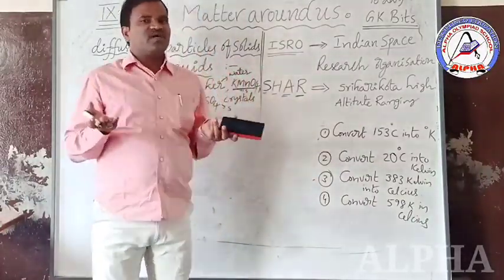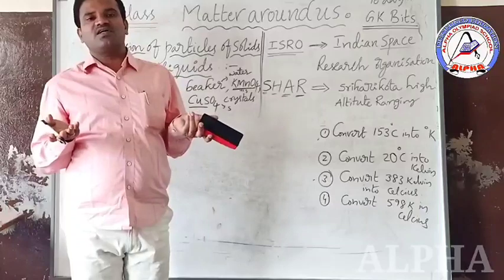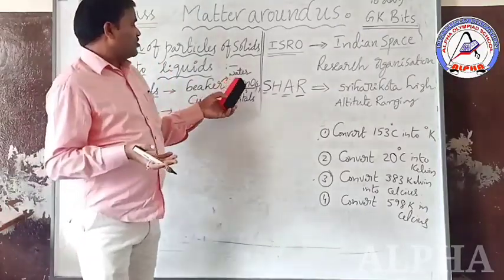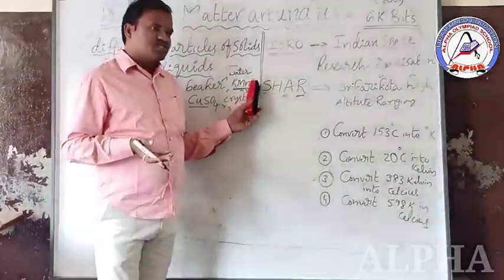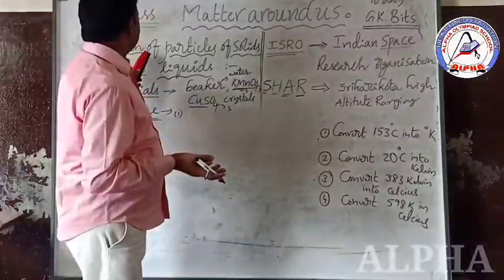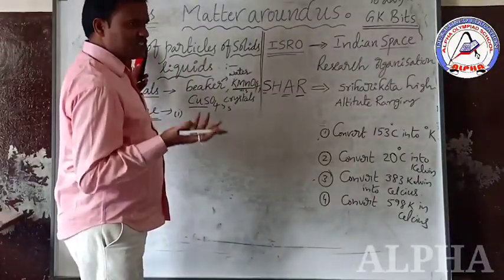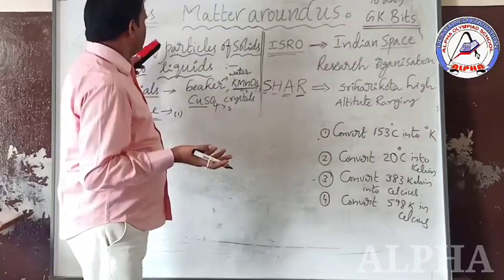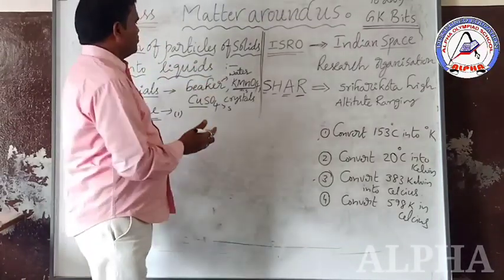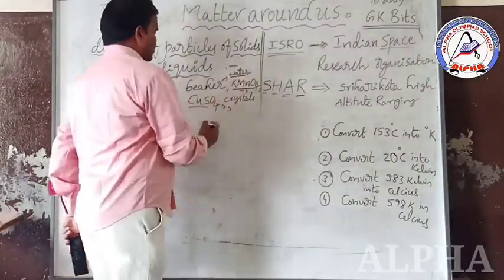Why do they disappear? Because the potassium permanganate crystals are diffused. Here diffusion takes place. It is diffused into the liquid. Who is the liquid here? Water is the liquid.